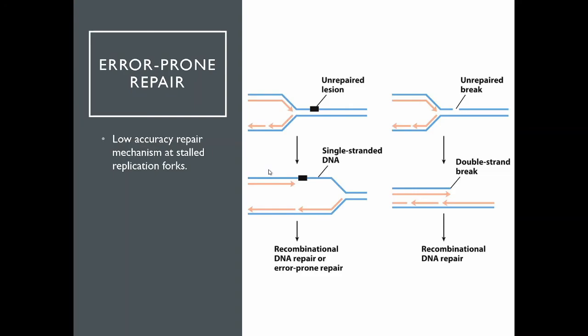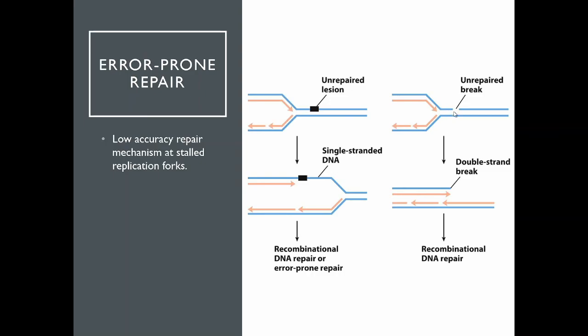So in order to prevent that from happening, most cells have an error-prone repair mechanism, which basically means that if there's a lesion like this, one of two things will happen. Either there will be an error-prone repair mechanism where a different DNA polymerase that's less picky will just put random bases where this lesion is, and then it will just proceed on past. Or you'll enter a recombinational DNA repair mechanism, which we'll talk about in a second.